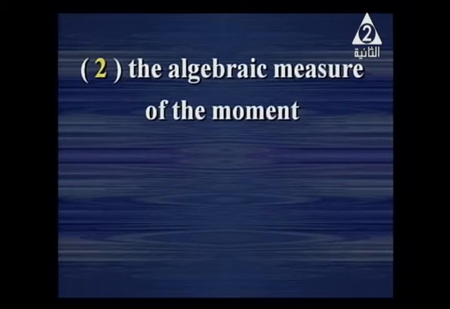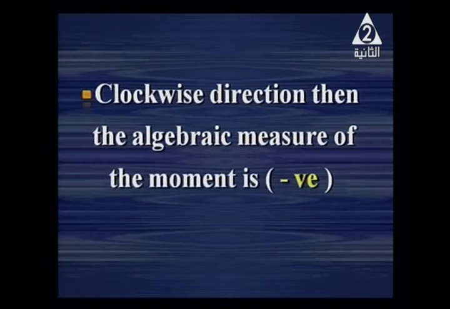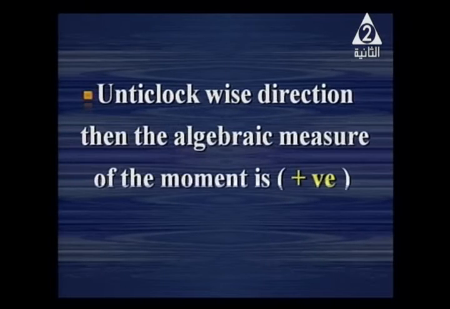Now we move to another title. It's called algebraic measure of the moment. If the force F makes the rotation about O, what is the O? Center of moment. In the clockwise direction, the algebraic measure of the moment is negative, but in the anti-clockwise direction, the algebraic measure of the moment is positive.